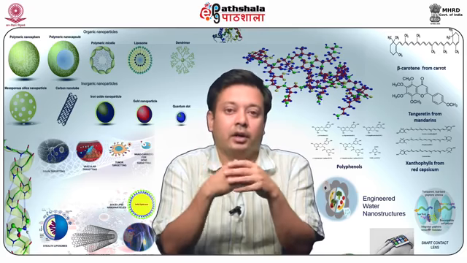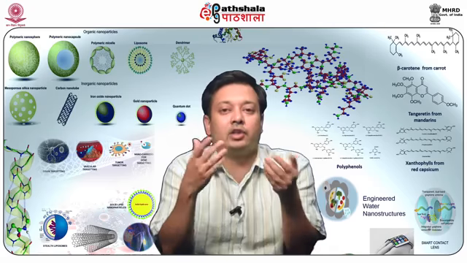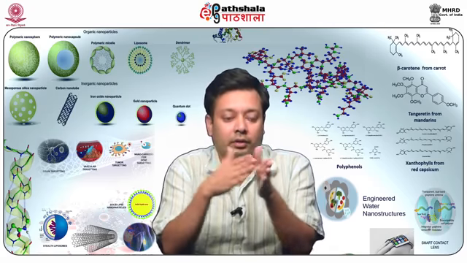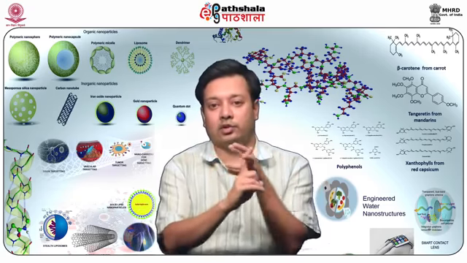Then lastly, we also looked at how to design nanostructures coming from beta sheet assembly or helical assembly, and eventually they form fibers, and that can also form hydrogel from cross-linking.